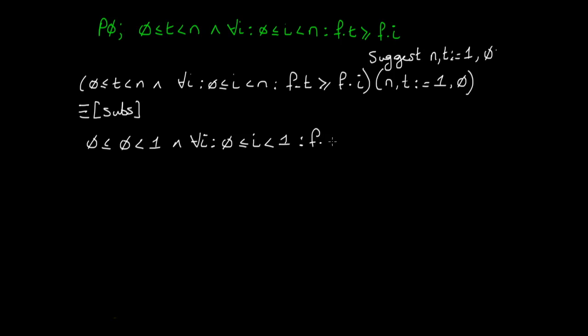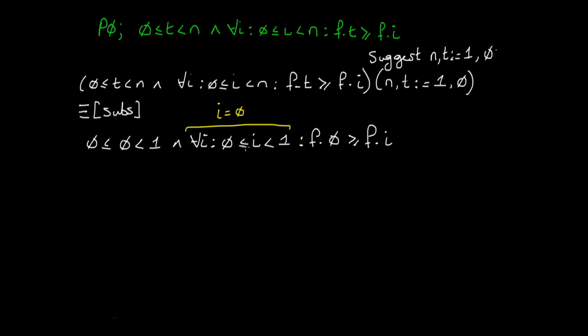Now remember, t is going to become 0, greater than or equal to f dot I. There's no substitution for I, so that stays the same. Once we have that, we can now look at the range for I. And when we inspect the range for I, we'll see that I is greater than or equal to 0 and less than 1. So the only possible value I can have within that range is 0. It's not an empty range, it's a range of a singular value for I.